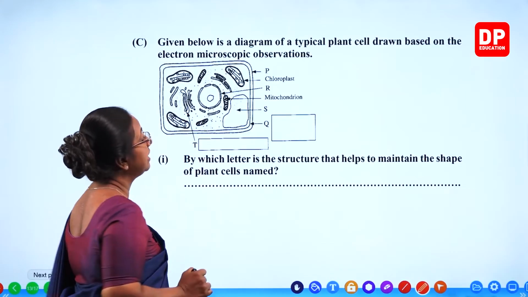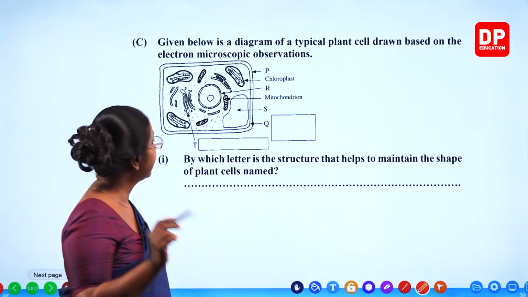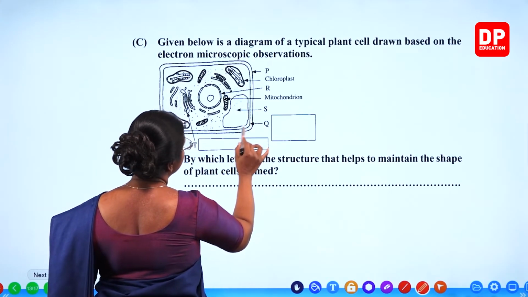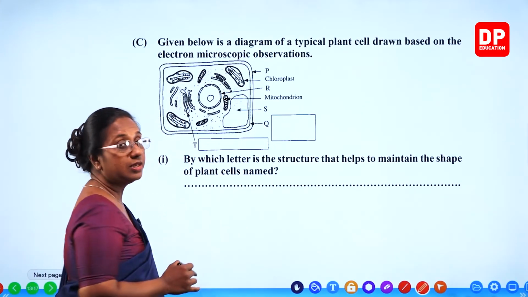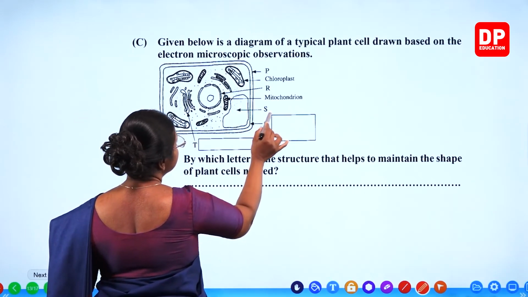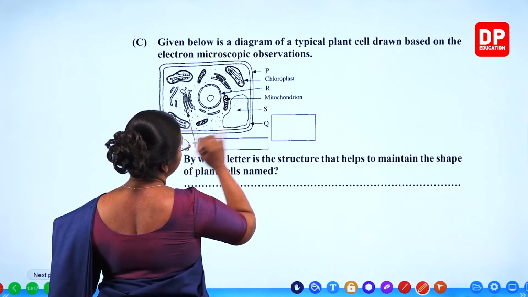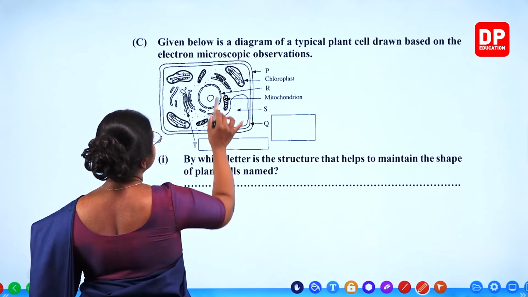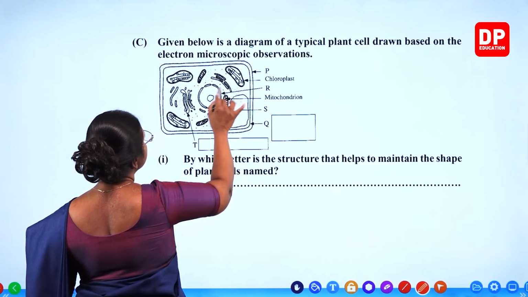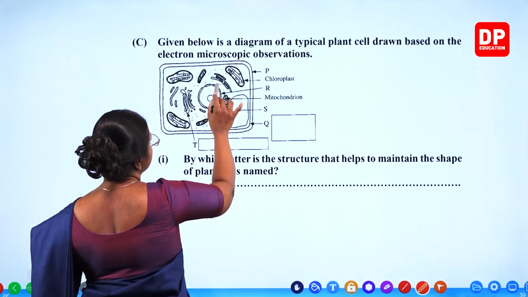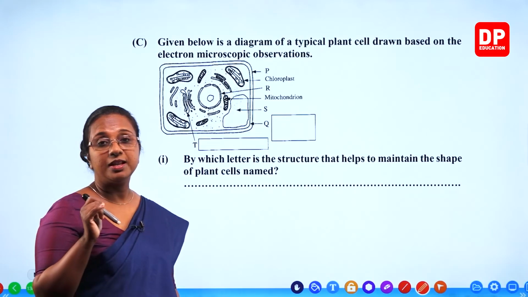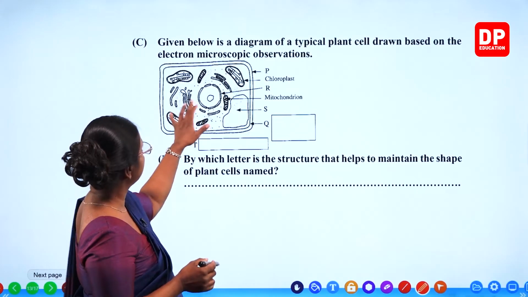Then you can see this structure which is labeled as part P. You can identify it is the cell wall. Plant cells have a cell wall. And inside that you can see what is labeled as Q is the cell membrane or the plasma membrane. Then here you can see S is the large vacuole. Then here you can see the mitochondrions, they are labeled. Then R you can see is the nucleus. A large nucleus with the ribosomes, the nuclear envelope, the endoplasmic reticulum with the ribosomes attached to that, all that is shown.